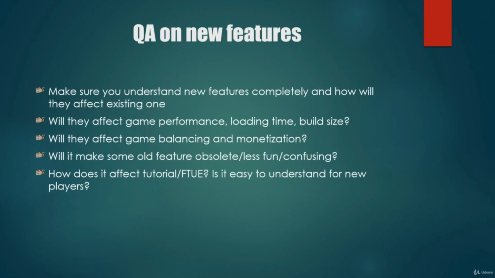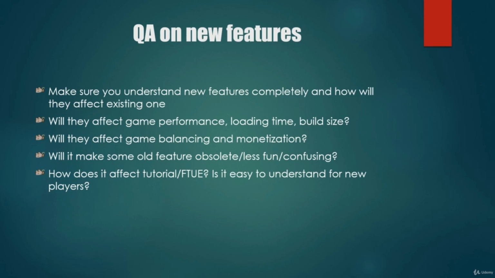Okay, now we spoke a bit about the backend and backend pushes to the live environment, but how to do QA on the new features. Every so often you will get new features for the live games, and here you have to make sure that you understand the new feature completely, but also how it's going to affect the existing features in the game.